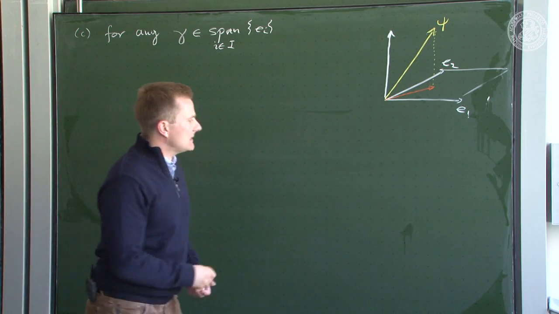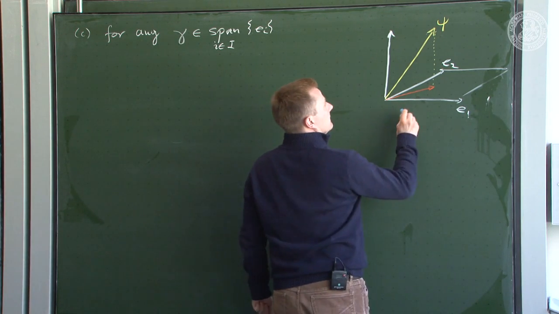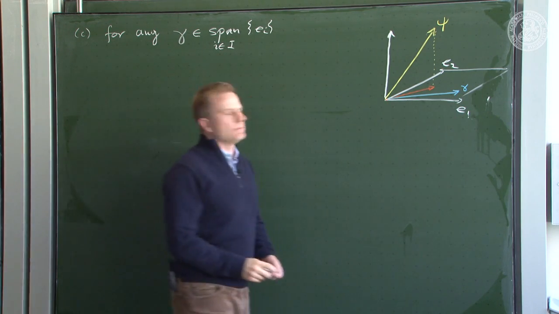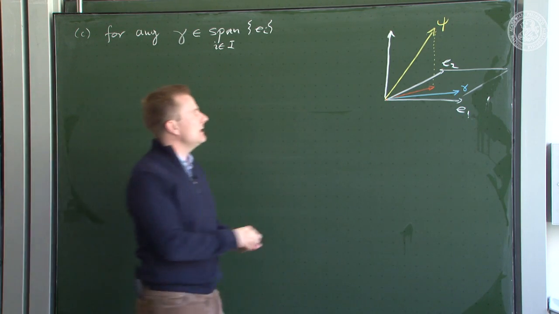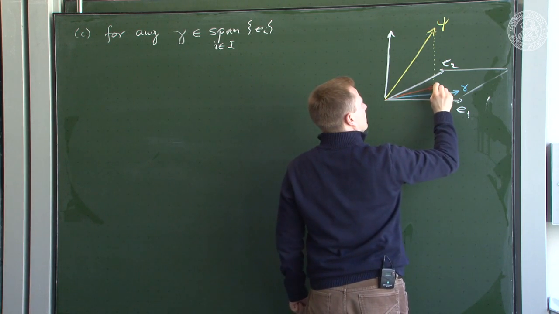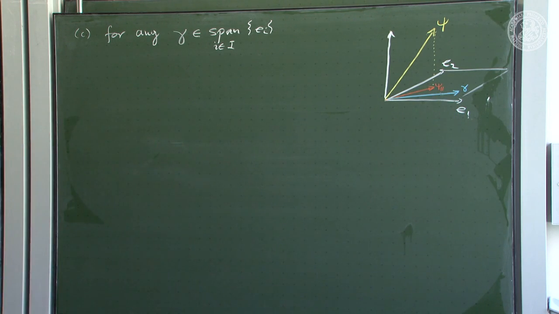But now imagine you consider an arbitrary gamma in the span. So an arbitrary gamma in the span may be that guy. You agree? That lies in the span. That's the psi, and the red guy here is what we usually call psi parallel, right? That is the projection into there.